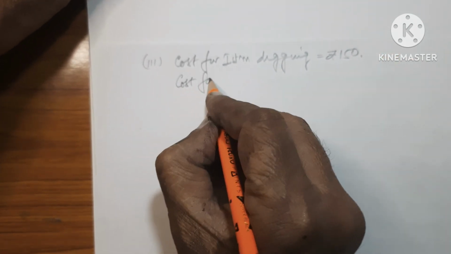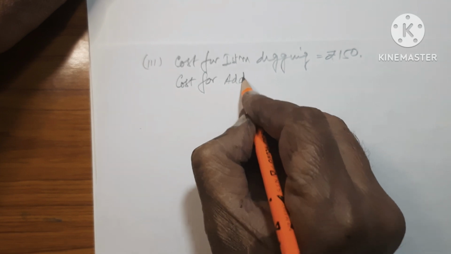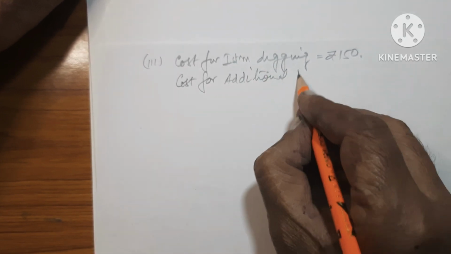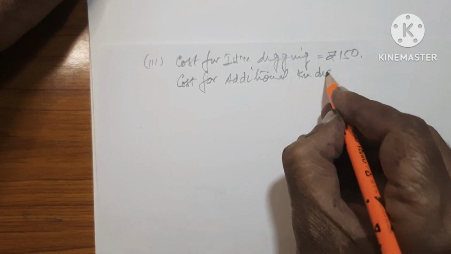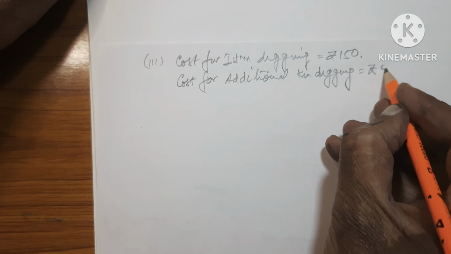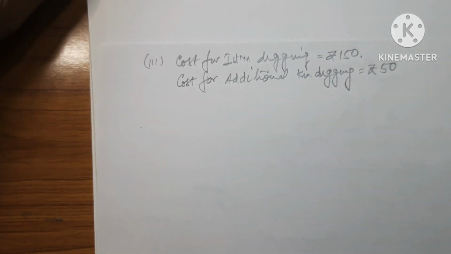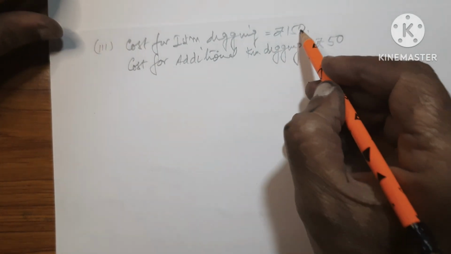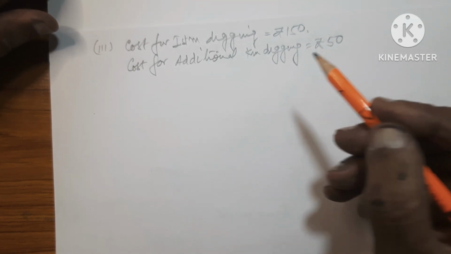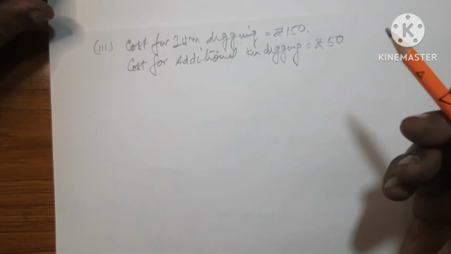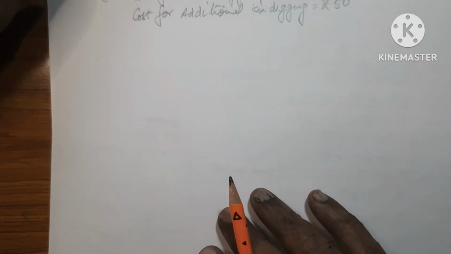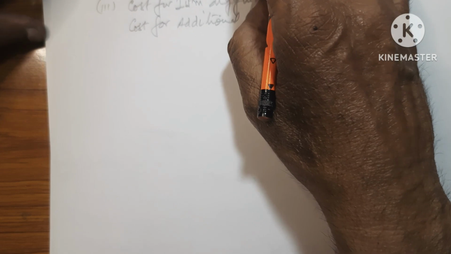Cost for each additional meter of digging is equal to rupees 50. So what will be the cost after 1 meter of digging? After 2 meters? After 3 meters? And so on. This is how we'll form a series or a progression.